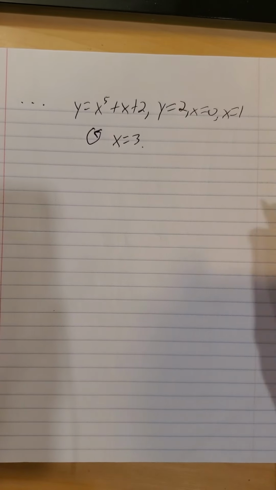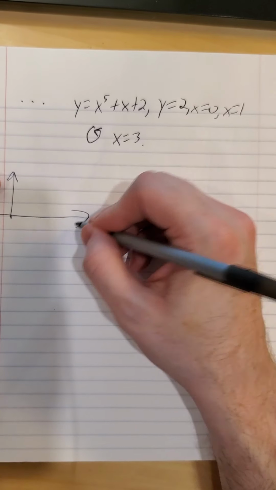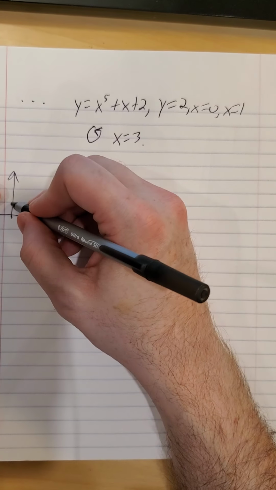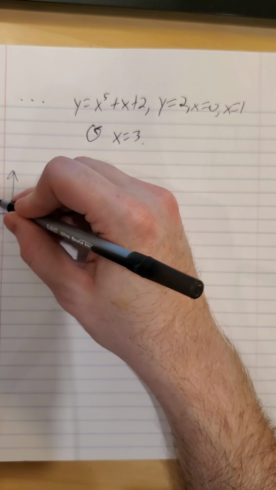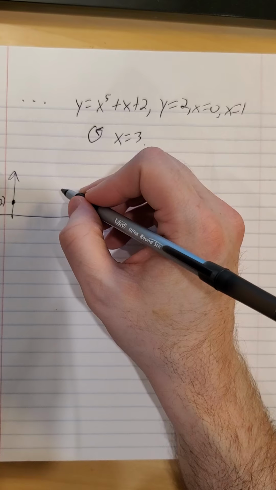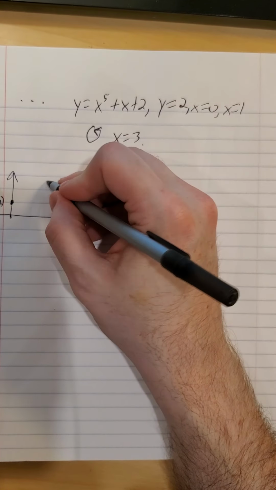Okay, welcome back. So we'll make our quick sketch here. Trying out the 0, we have 0, 2. Trying out the 1, we've got 1 and 4.